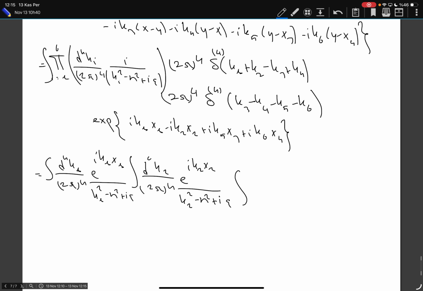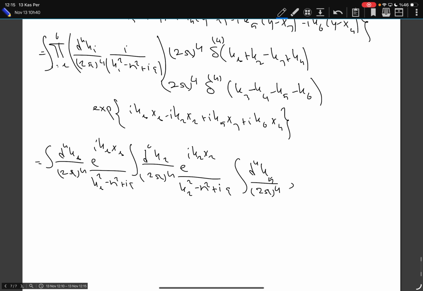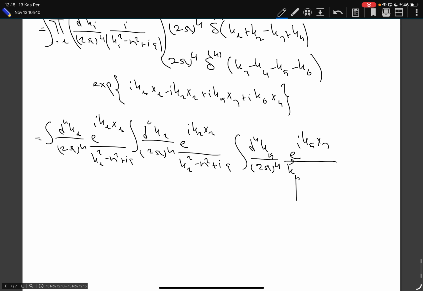And I have d4k5 over (2 pi) to the 4, e to the power i k5 x3, divided by k5 squared minus m squared plus i epsilon, d4k6, e to the power i k6 x4, divided by (2 pi) to the 4, k6 squared minus m squared plus i epsilon. Remember, all these factors will be eliminated by the LSZ reduction formula.